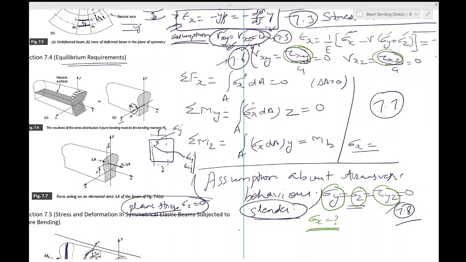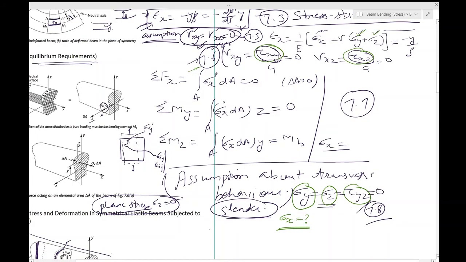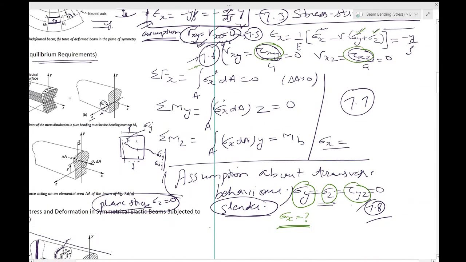You can go to 7.6, put sigma y is 0, sigma z is 0, and then sigma x is left out. So sigma x would be equal to minus E y by rho, and this would be minus E times, remember 1 by rho was d phi by ds, into y.